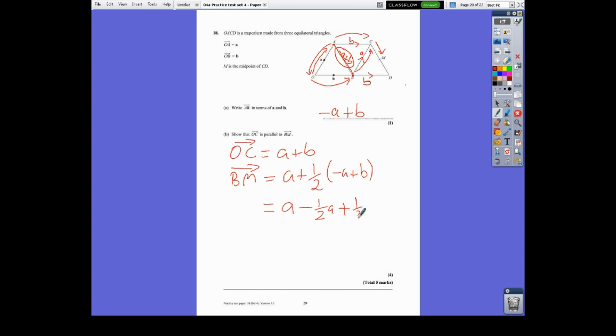And if we simplify that, we would get ½a + ½b. If we factorise that, we get ½(a + b). So we can see that OC is a + b, BM is ½(a + b), therefore they're parallel because BM will just be half the length of OC. So BM is parallel to OC.